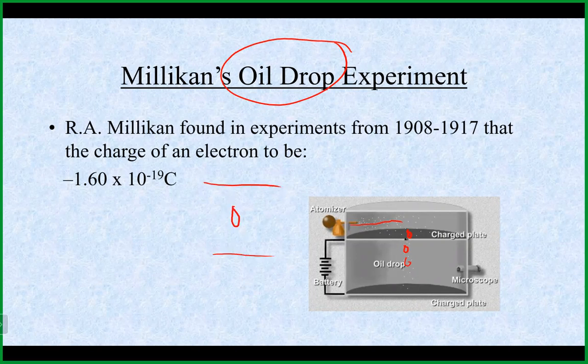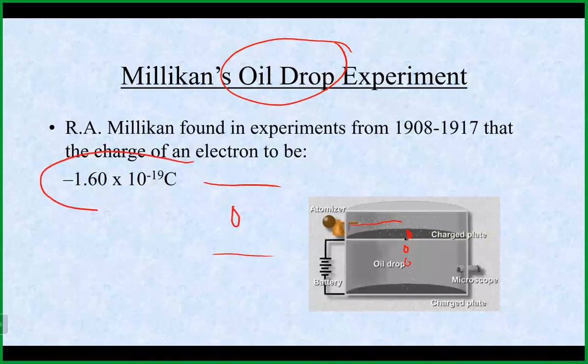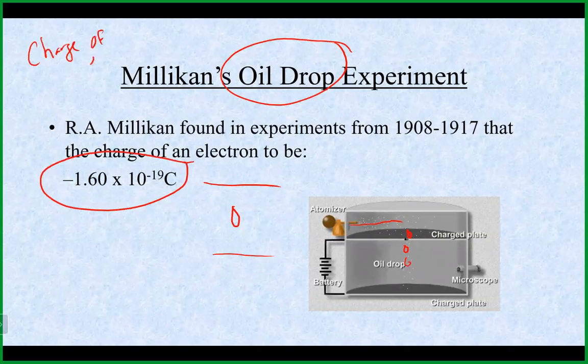So it wouldn't drop, obviously, when it goes up. He was able to get the oil droplets to just hang there as they gained a charge coming down, and using the advantage of that charge and the electrical field, he was able to do that. And what he was able to determine was the charge of an electron. So Millikan did an oil drop experiment and was able to determine the charge of an electron.